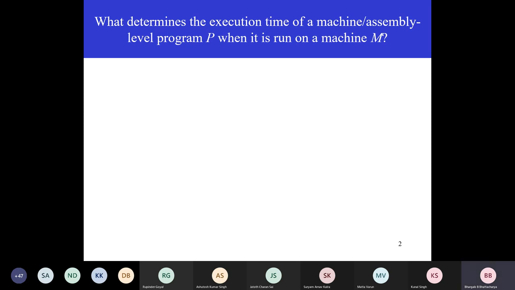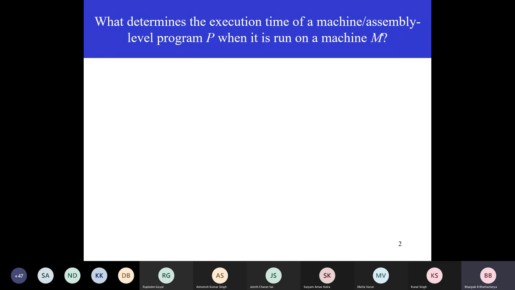As we discussed earlier, there is a very simple equation which governs the CPU time of a machine, and this involves the number of instructions in machine level language, the instruction count. As we have already seen, execution of each instruction requires certain cycles, like fetch instruction, decode instruction, execute, memory access, and so on, right?